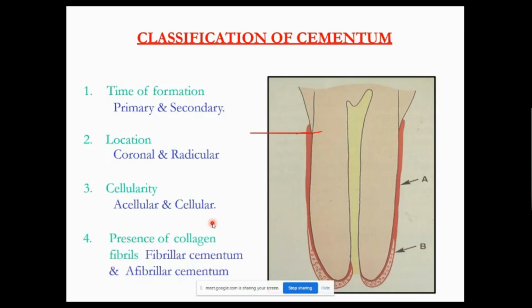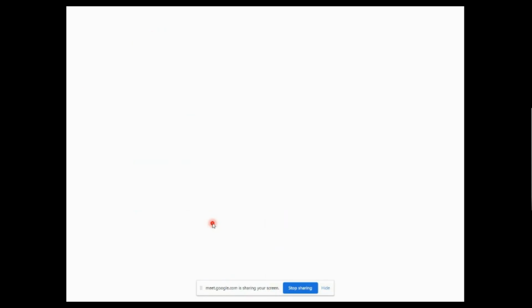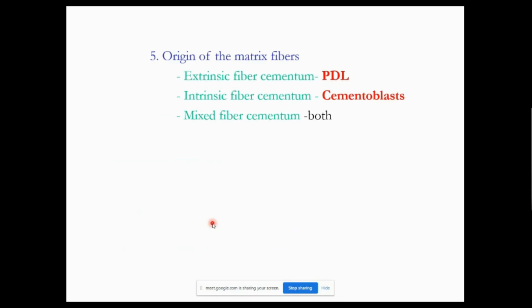Presence of cementocytes and absence. Presence of collagen fibers, okay? Based on that, it is classified as fibrillar cementum and afibrillar cementum. Fibrillar, of course, there is presence of fibers, and afibrillar, there is absence of fibers within the cementum. And based upon where the matrix fibers are originating from, it is classified as extrinsic and intrinsic mainly.